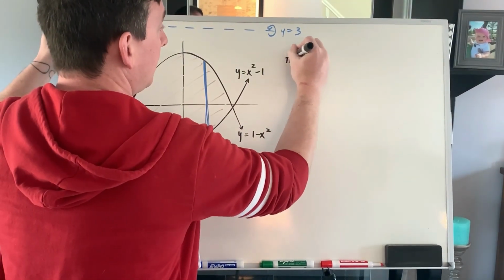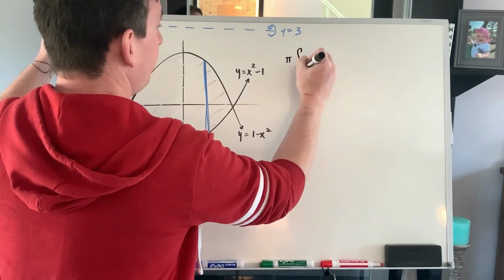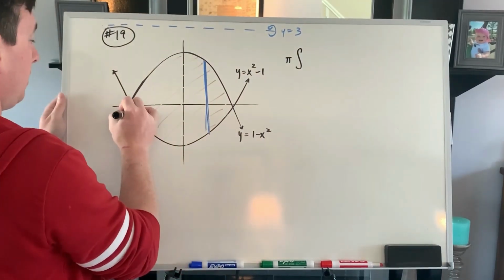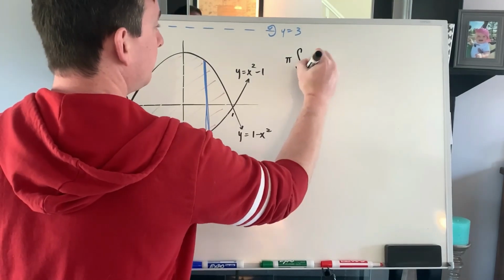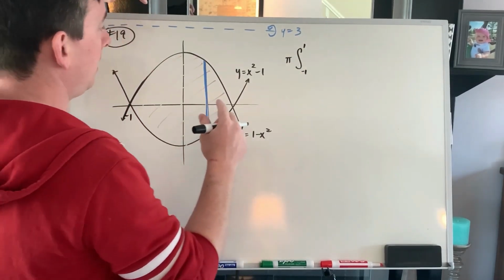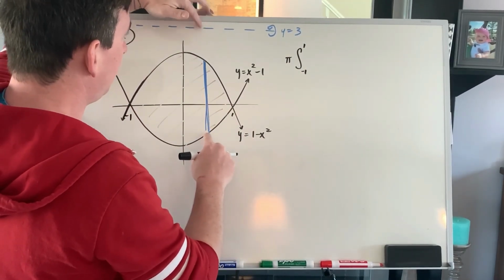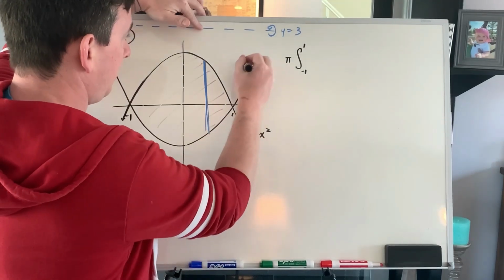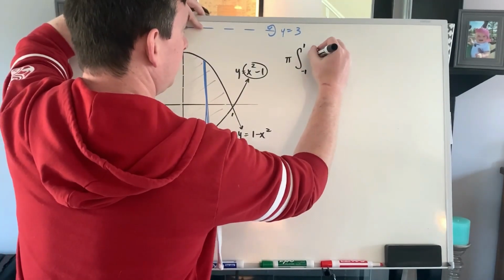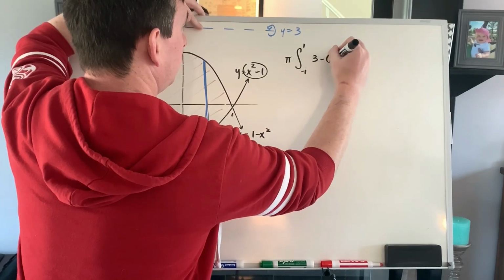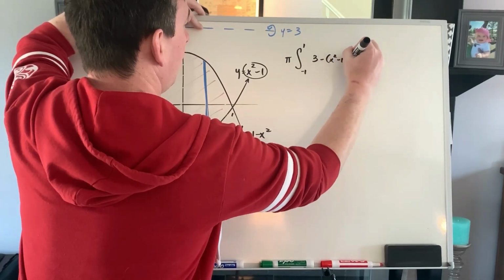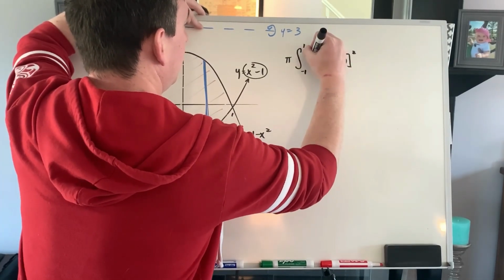We've got pi. Looks like we're going from -1 over to 1. And our big radius is going to be 3 minus that function, and all of that gets squared.